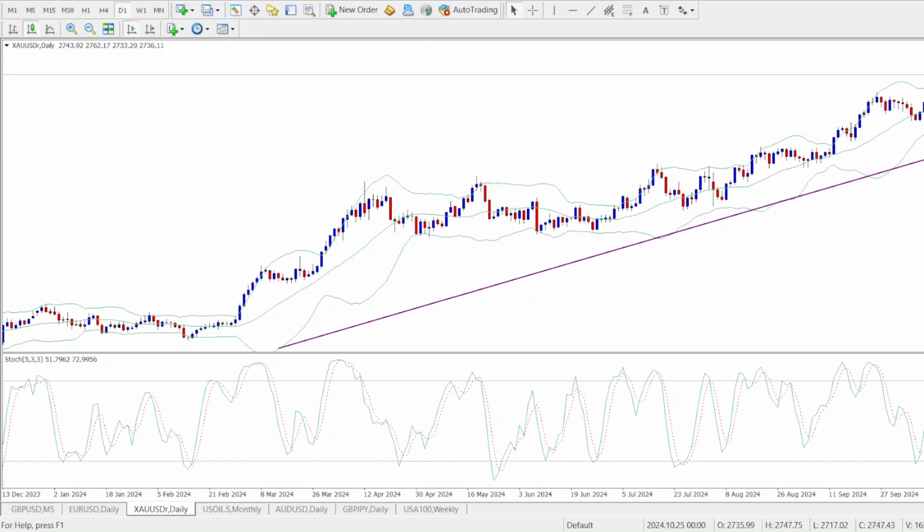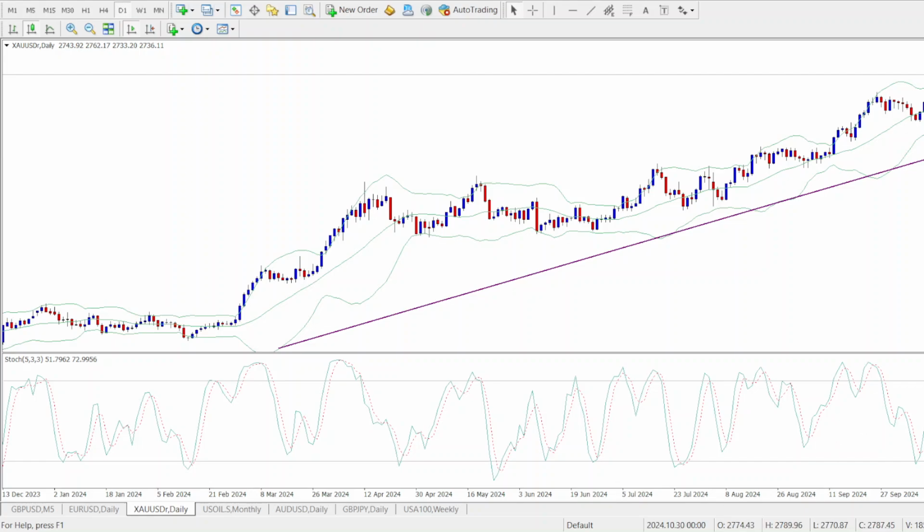It generates values between 0 and 100, as we can see here. Typically, a reading above 80 indicates that the market is overbought, while a reading below 20 suggests that the market is oversold. This helps traders identify potential reversal points.